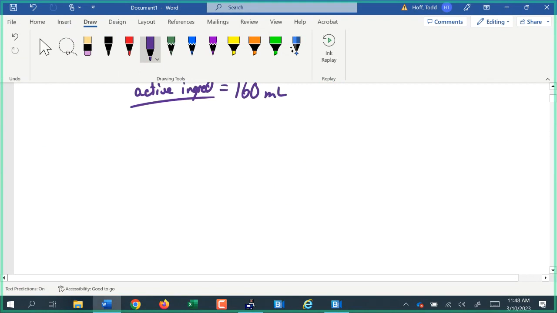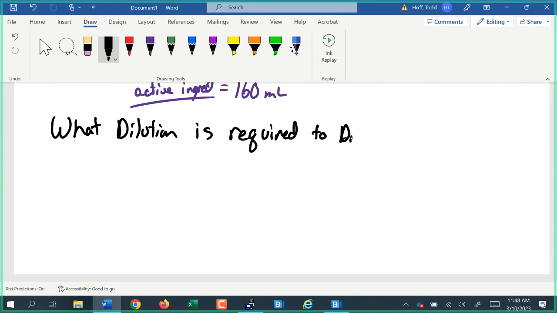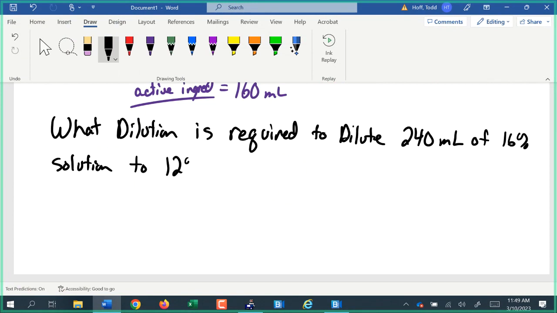So then we looked at, okay, what dilution is required to dilute 240 milliliters of 16% solution to 12%.